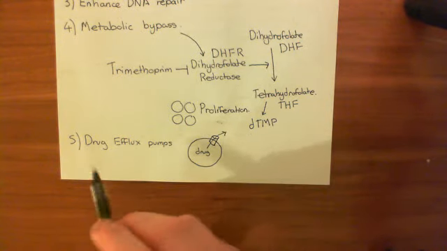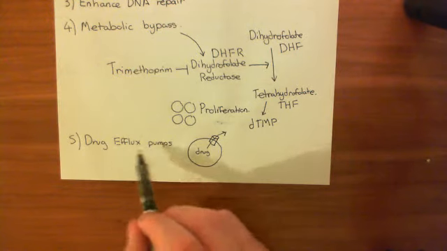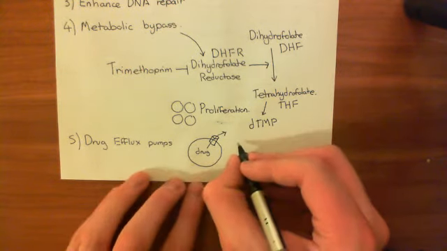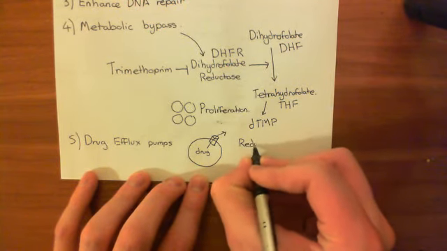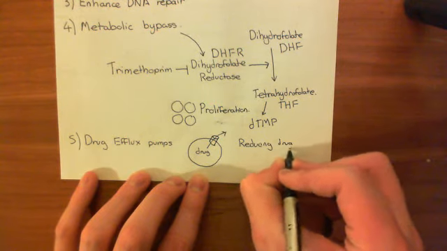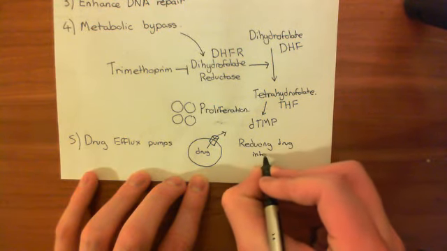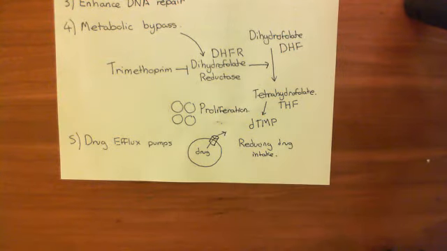So either ways of extruding the drug from the cytoplasm, such as drug efflux pumps, or ways of making sure it never comes in, so reducing drug intake. Those are both final ways in which you can become resistant to antibiotics, and all 5 of these examples are seen in response to antibiotics.